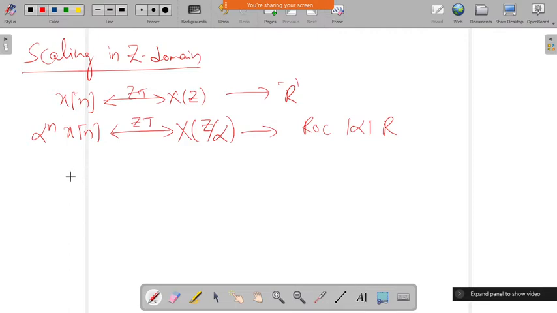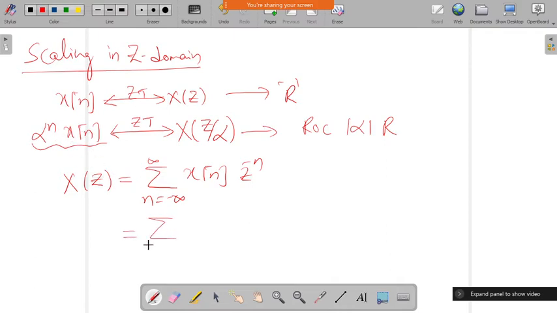You can take X of Z, which is equal to the sum from n equal to minus infinity to plus infinity of x of n into Z power minus n. This is a standard expression. Now I will replace this x of n by the scaled signal. With the scaling factor in the time domain, alpha power n into x of n into Z power minus n, you can see alpha and Z we can combine here.